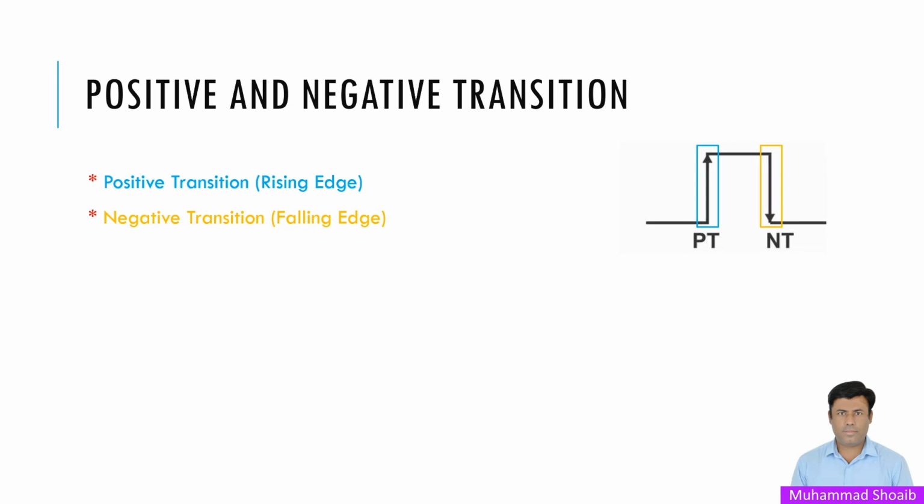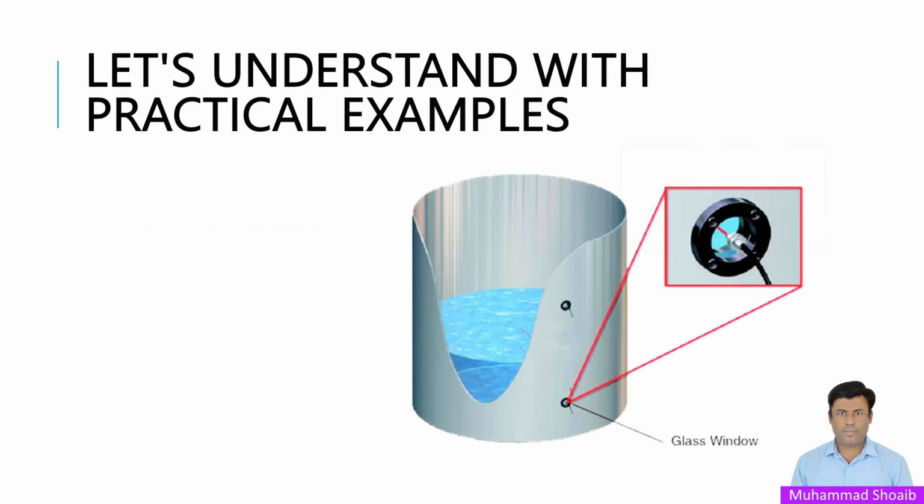So let's understand the positive and negative transition concept with a practical example. We have a water tank, and our objective is to fill the water tank once the level goes down, and once the level reaches the high level, the pump should stop.